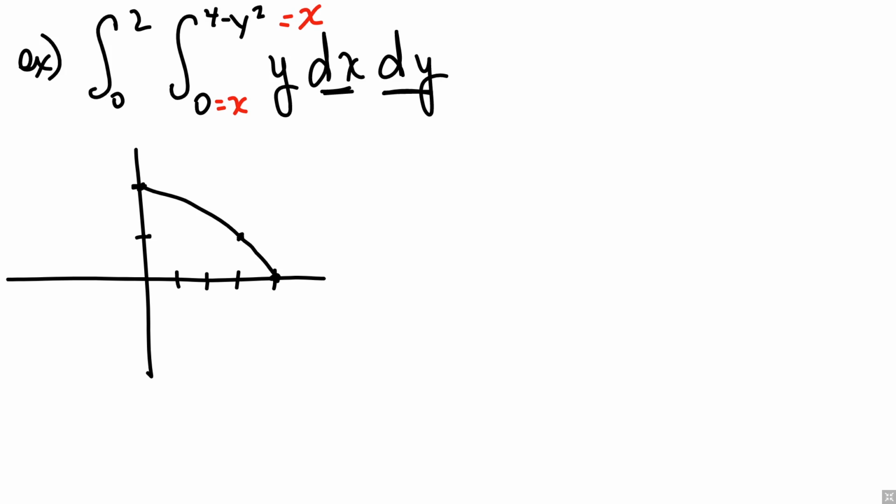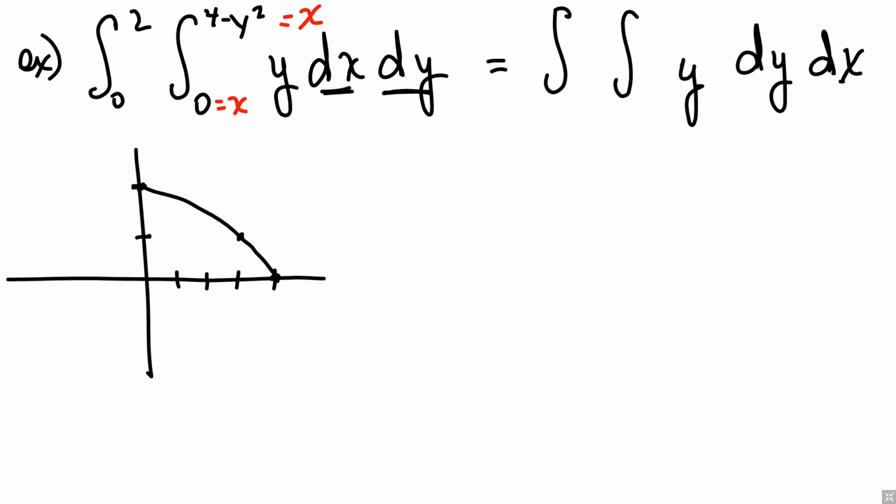When we write the equivalent, we're going to do our double integral. The function's still going to stay y, but we're going to change the order. So we're going to do dy, then dx.